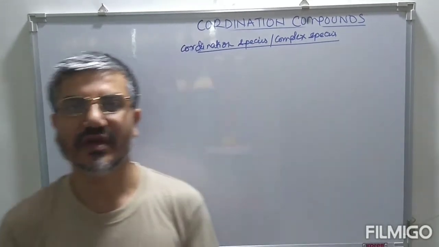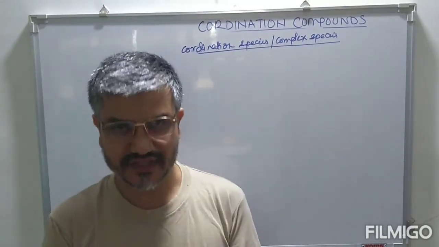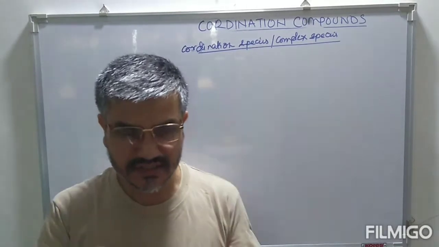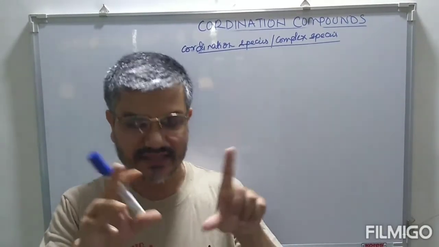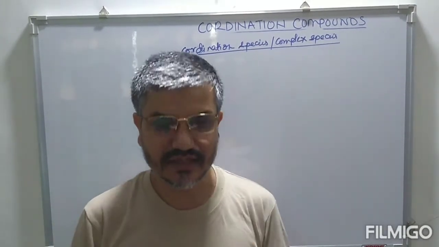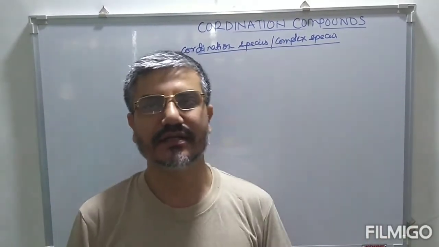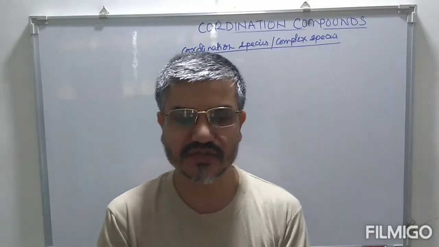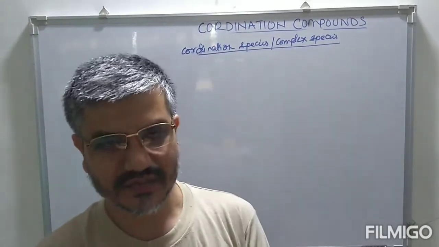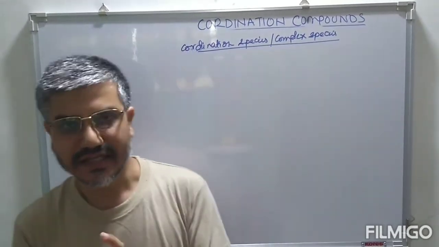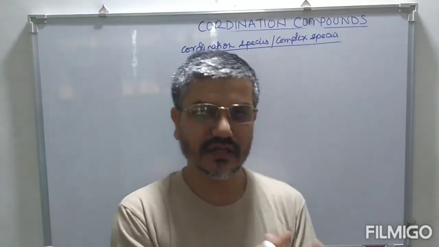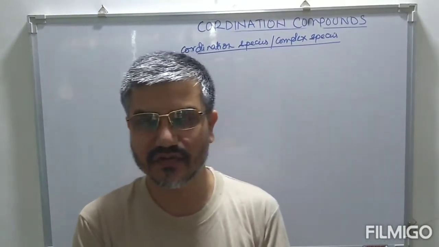So we have a species which is always written in square bracket, and inside this square bracket we have a metal atom or metal ion to which certain other atoms are attached. So that particular species is known as complex species or coordination species. That coordination species may be cationic form, may be anionic form.